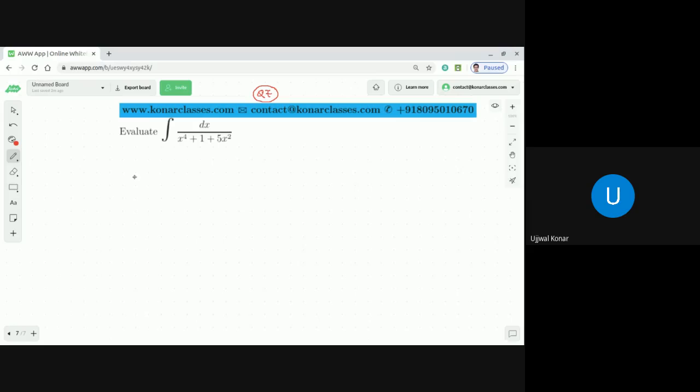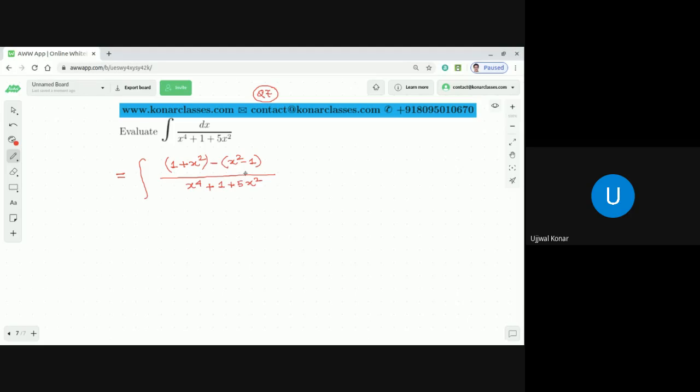What I'm going to say is that we are writing here something like this: integration of 1 plus x square. Then again I need to write minus of x square minus 1. Why I'm writing that, I'll explain after a few minutes. Divided by x power 4 plus 1 plus 5x square.